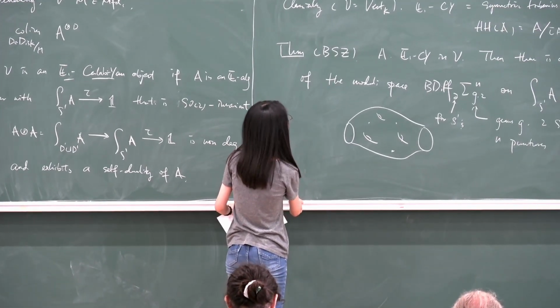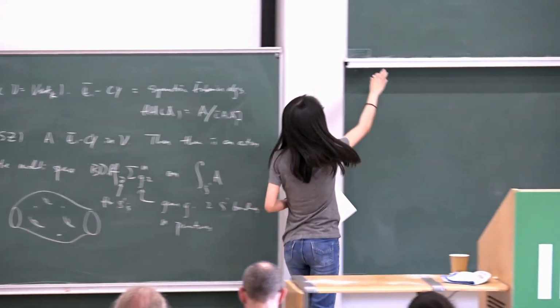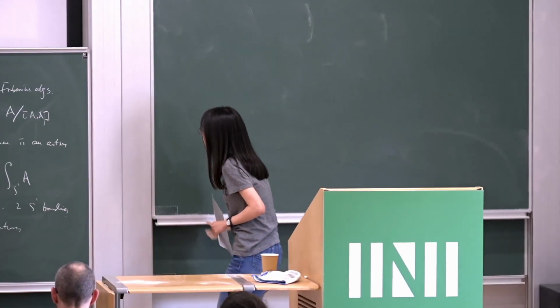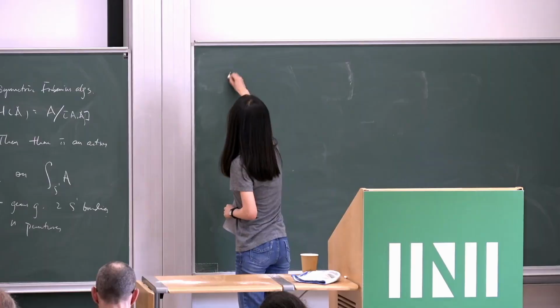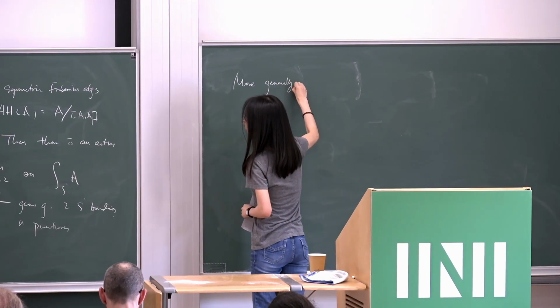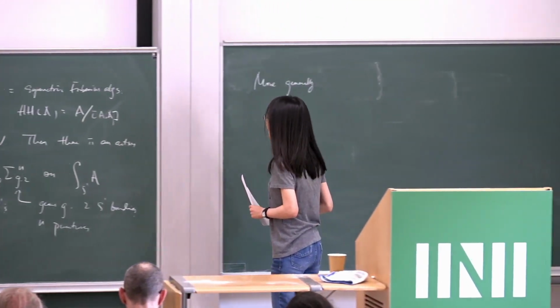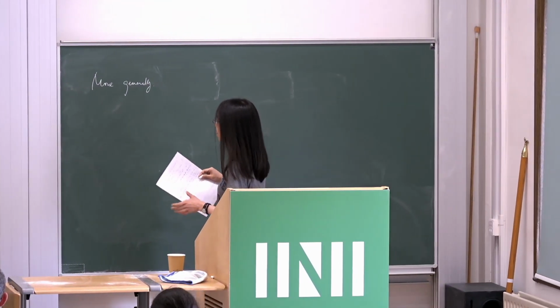And more generally, these are maps from the factorization homology of A to itself, so we can consider multi-ary operations.